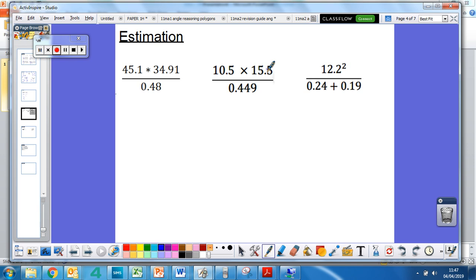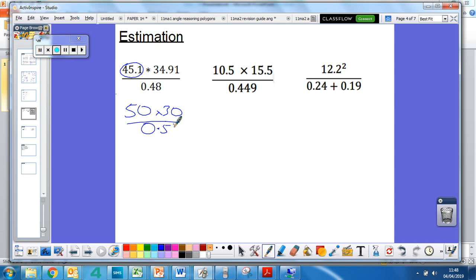These are challenging for one reason only, because the denominator will be a decimal, and you will have to divide by a decimal. But when I show you how, you'll realise it's easy. First one, 45.1, 50. 34.9, 30. 0.48, 0.5. 1 mark, well done.